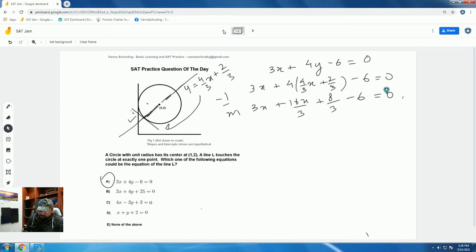So we calculate the value of x: 9x plus 16x plus 8 by 3 minus 6 equals 0.